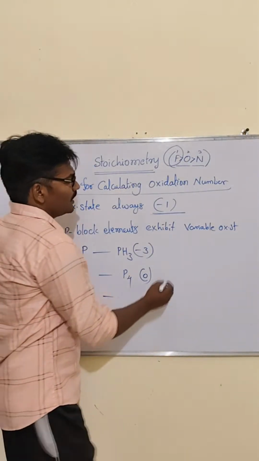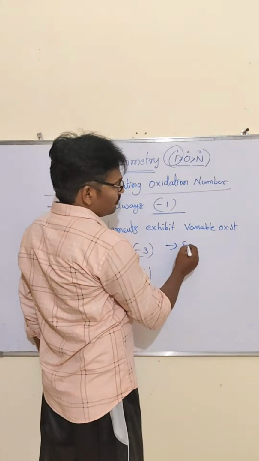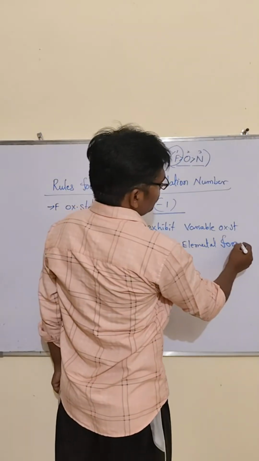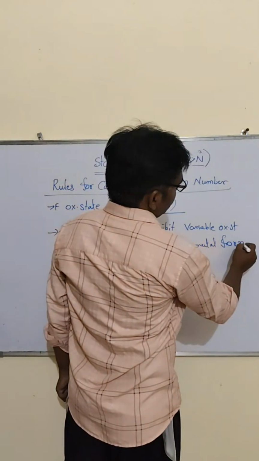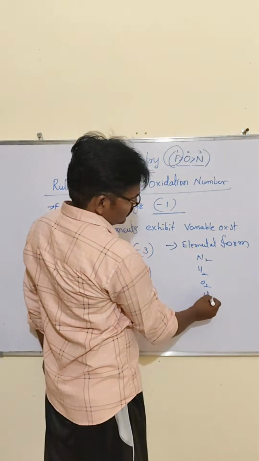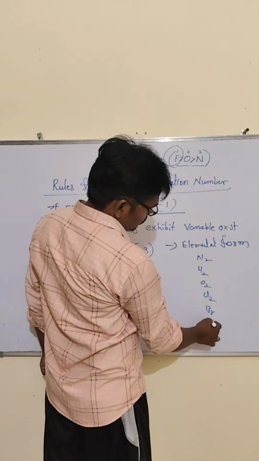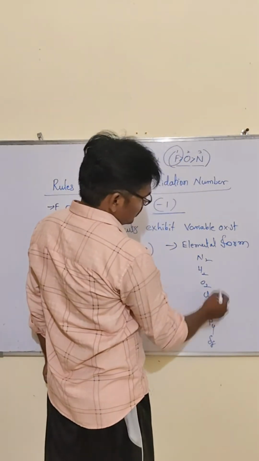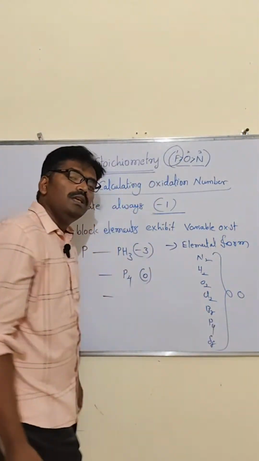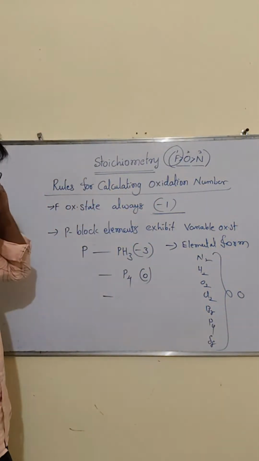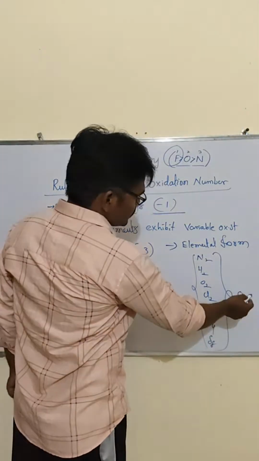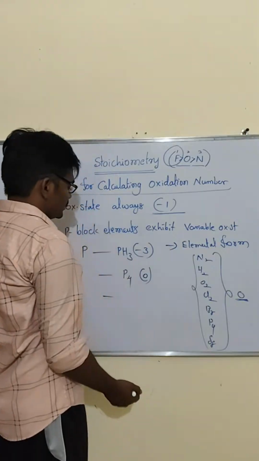So remember, elemental forms such as N2, H2, O2, Cl2, Br2, P4, S8, in all these cases, the oxidation state of these molecules is 0. These are called elemental forms, and their oxidation state is 0.